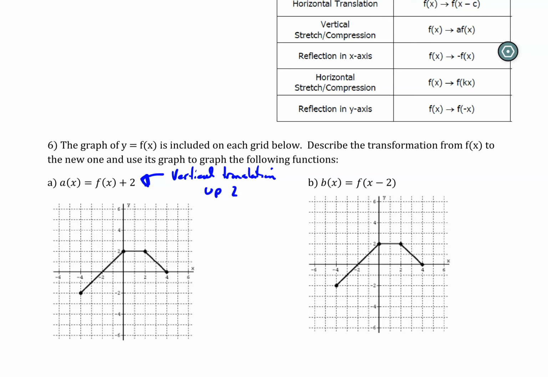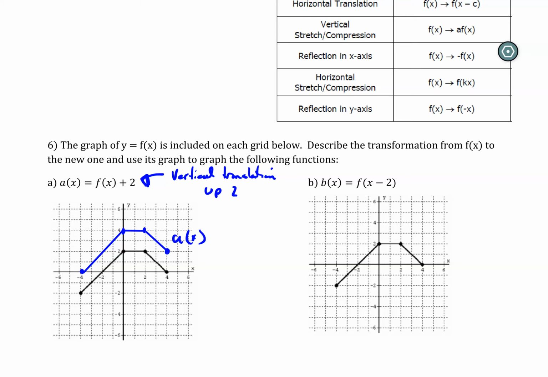So every point that I have, I'm going to move up 2. So 1, 2 here, I got a point here, I got a point here, I got a point here. Everybody went up 2, and now I can connect everybody together using a straight edge, and that would then be a of x for that one.